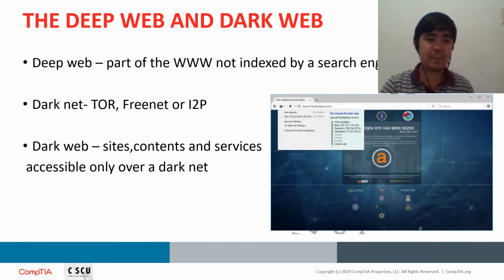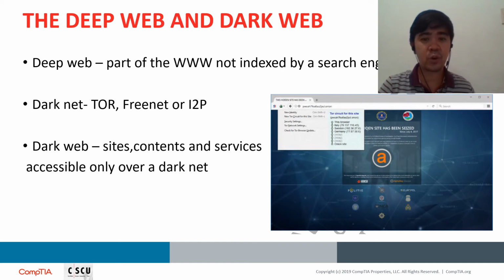And then we have the deep web. The deep web is part of the World Wide Web not indexed by a search engine. These include pages that require registration, pages that block search engine indexing, unlinked pages, and content encoded in a non-standard manner. The deep web can be accessed through the darknet.